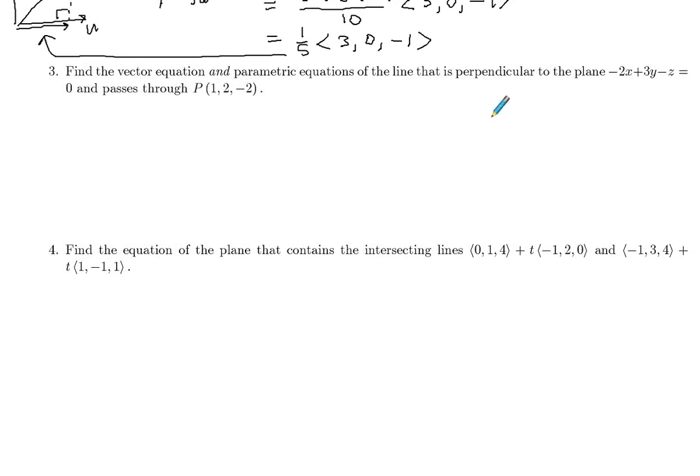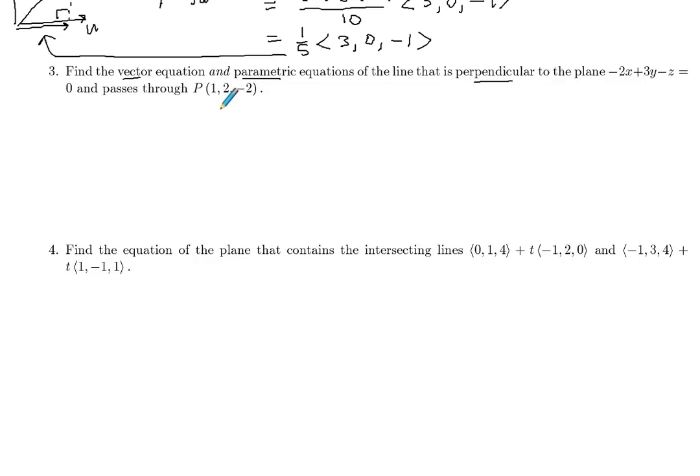Alright, now we're looking at equations of lines. We want both the vector and the parametric equations of a line that is perpendicular to this plane and passes through the point 1, 2, -2. So remember, for a line, we need a point and we need a direction vector.